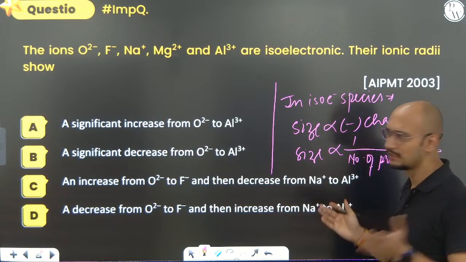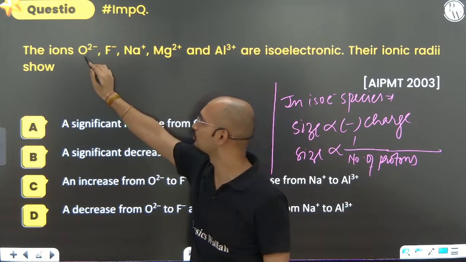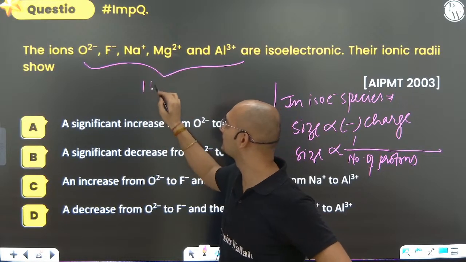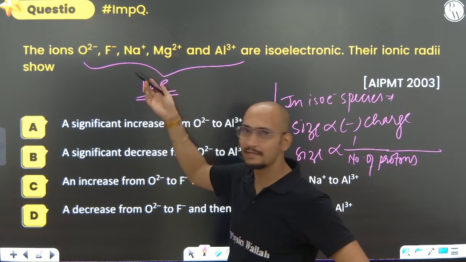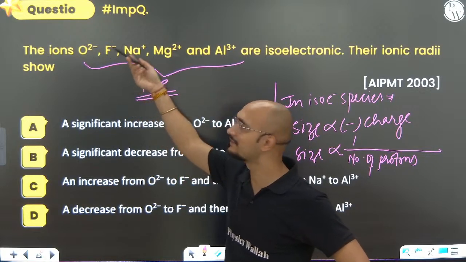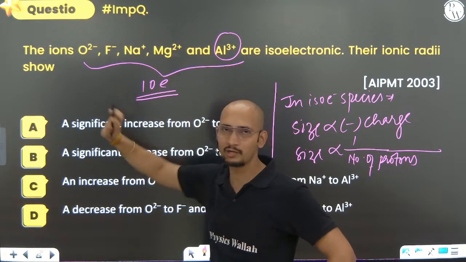Okay, not a big deal. Which has the maximum negative charge? This one. How many electrons are there in all of them? You can check: 10. So the size will be maximum for O minus 2, then F minus, then Na plus. Minimum will be for aluminum plus 3, maximum will be for O minus 2.